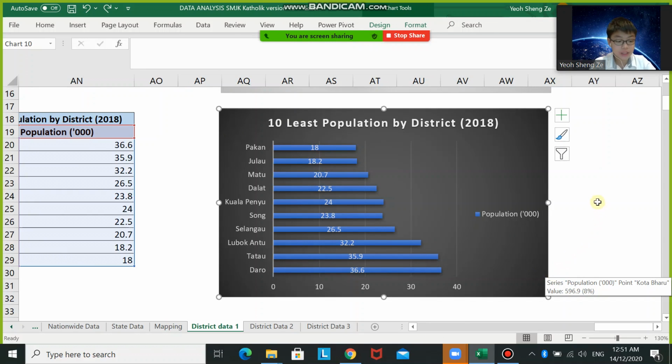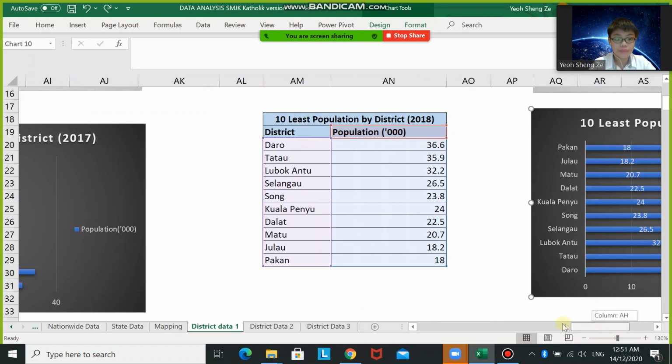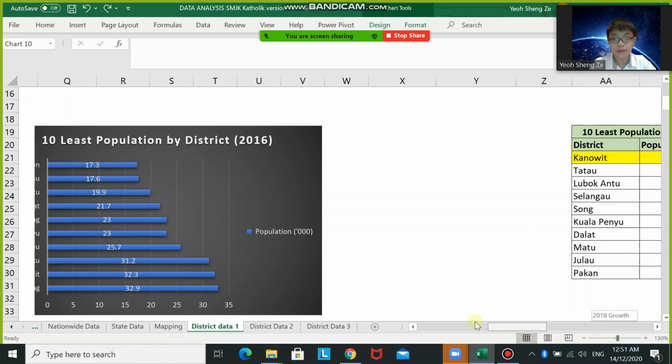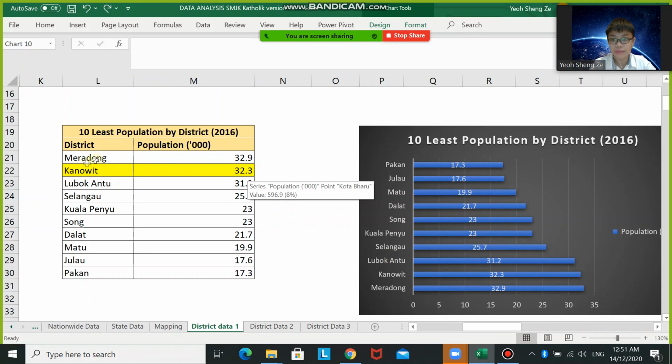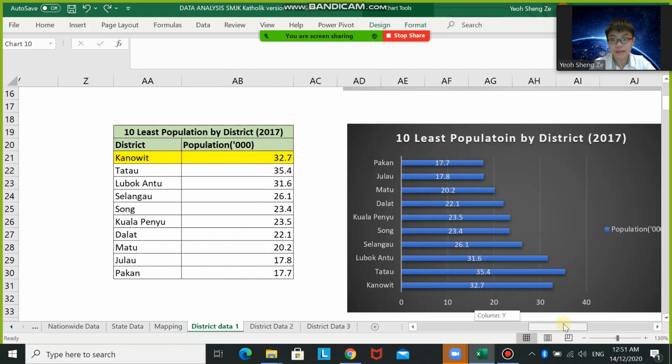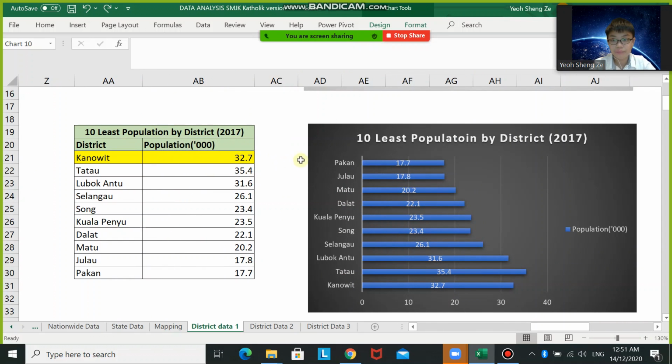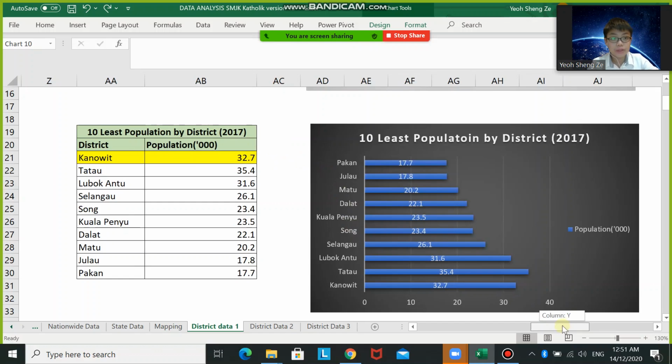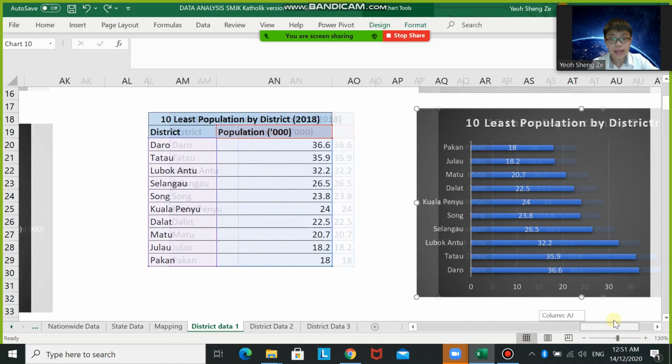There are not much changes over the 3 years, except for Kanowit. Kanowit was on the list of 2016 and also in 2017. However, it was not on the list in 2018.